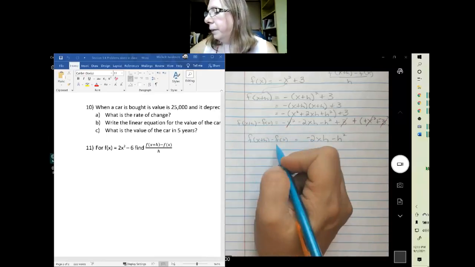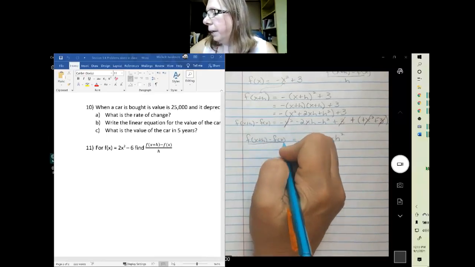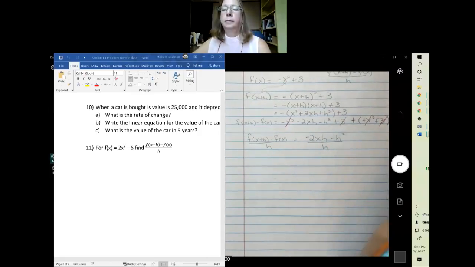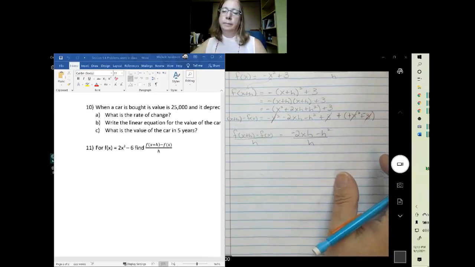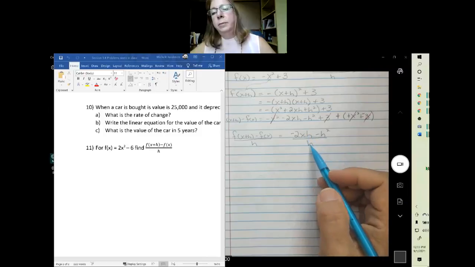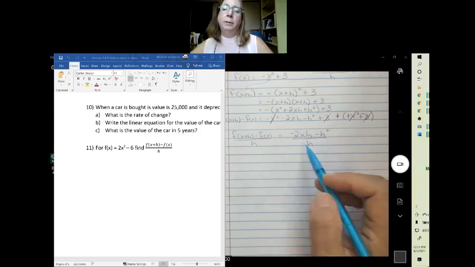We've simplified this, so now we want to divide by h. You can divide an h from each of the three terms, or you can factor an h out of the top and reduce.